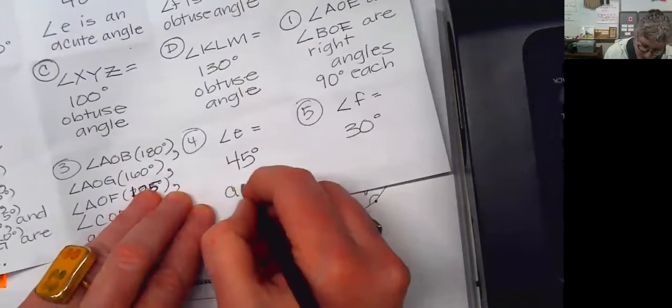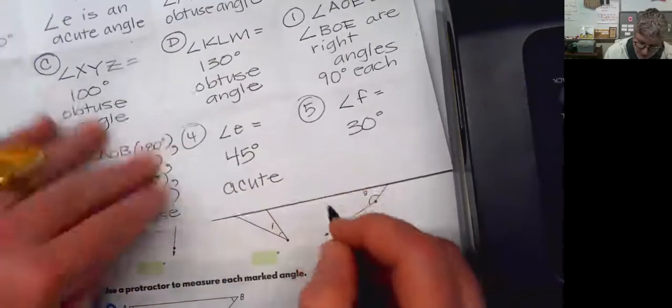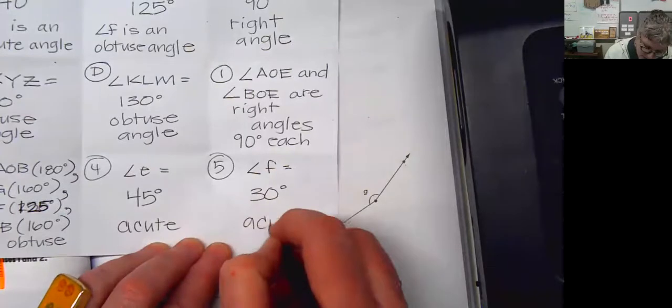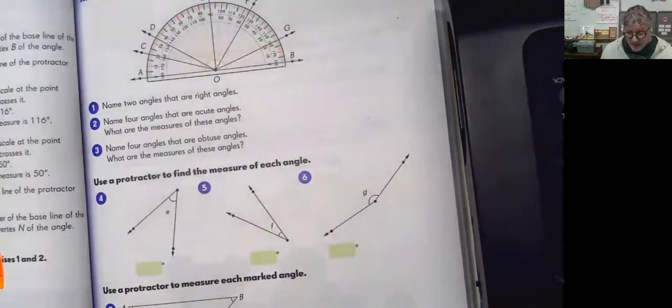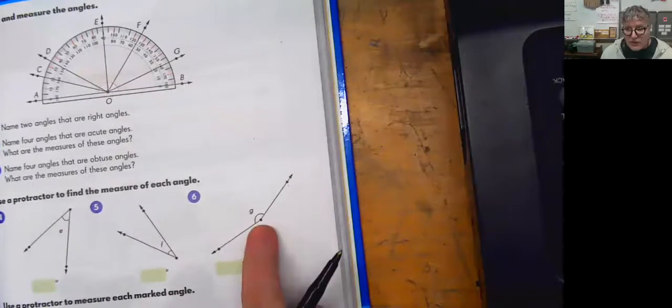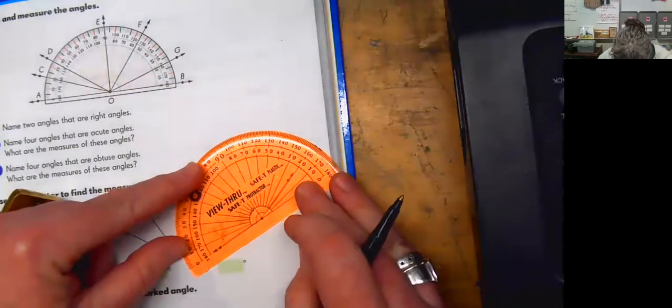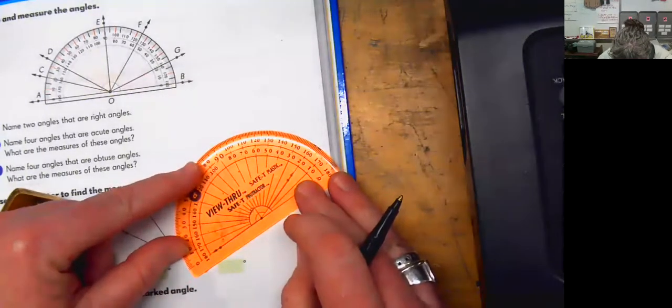And just for practice, I'm going to write acute on here just so that I remember these words, acute. And now it's going to ask us to measure an obtuse angle. Look at how wide open that is, angle G. So I'm going to set my protractor. Bottom line rests on the ray that's on the bottom.